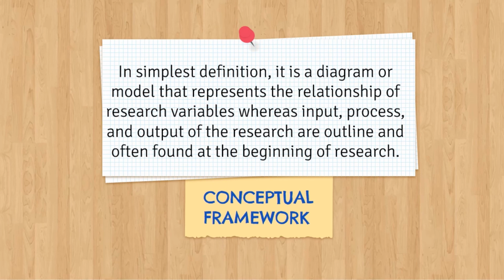In the simplest definition, it is a diagram or model that represents the relationship of research variables, whereas the input, process, and output of the research are outlined and often found at the beginning of your research. Consequently, this serves as a blueprint of the research investigation, which will be used to show the flow of your research.